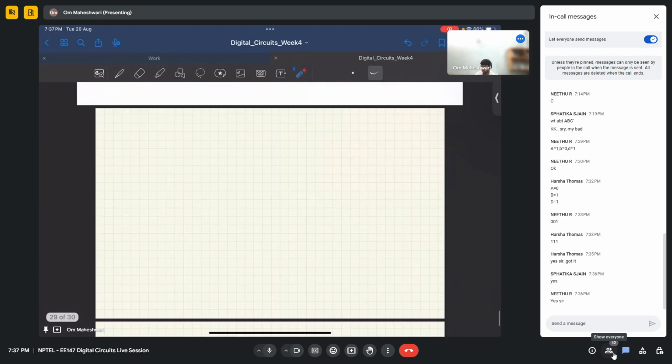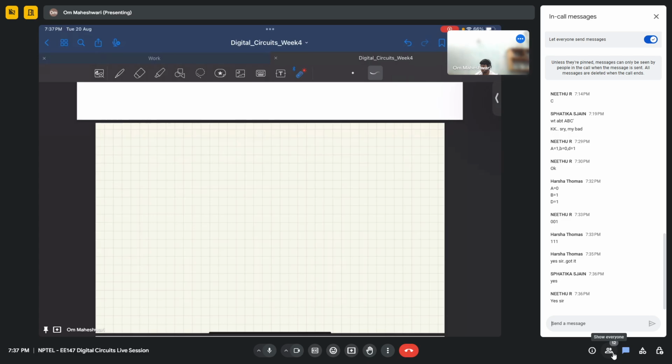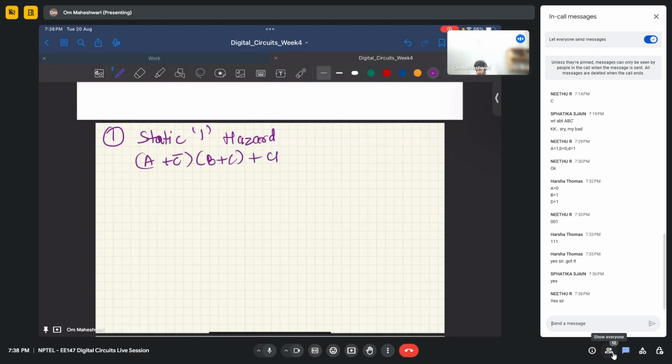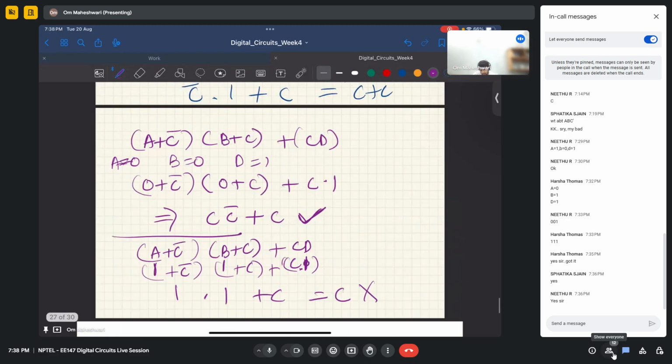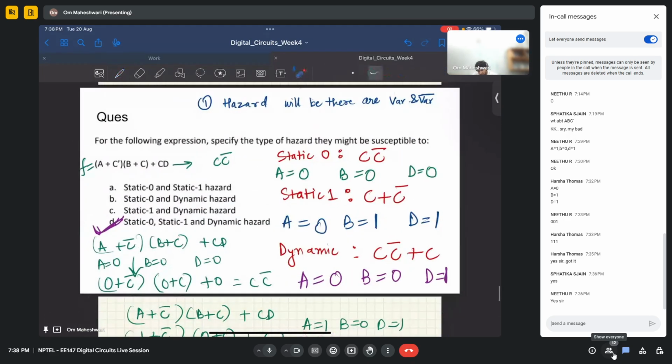So if you see, let's talk about the static one hazard. We had our expression A plus C bar, B plus C plus CD. And if you remember, static one hazard was for this condition, right? C plus C bar will come when A equals to 0, B equals to 1, and D equals to 1, right?